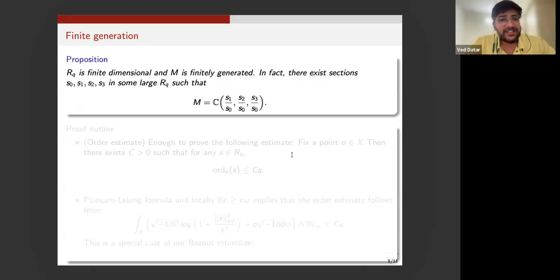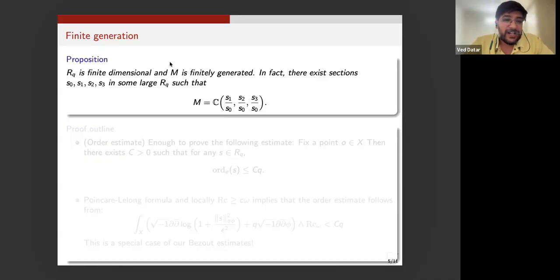So the first key step in proving any sort of quasi-projectivity is to obtain some sort of finite generation result. So let me maybe state and give an outline of a proof of an actual proposition, because later on everything is just going to be an outline and I'm not actually going to say much about the proofs.